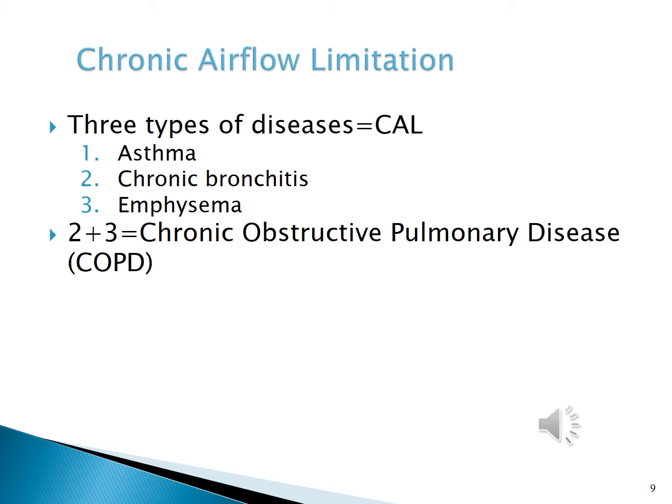Chronic bronchitis and emphysema are 2 different things, but when combined, create the diagnosis of chronic obstructive pulmonary disease, or COPD, which unfortunately is a very common complication or disorder.